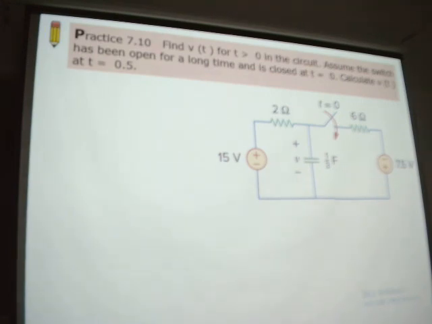How will you get V for V0? Because V0 is the V before t minus 0. It is always equal to V. Or you can put V0 minus, that's the same.